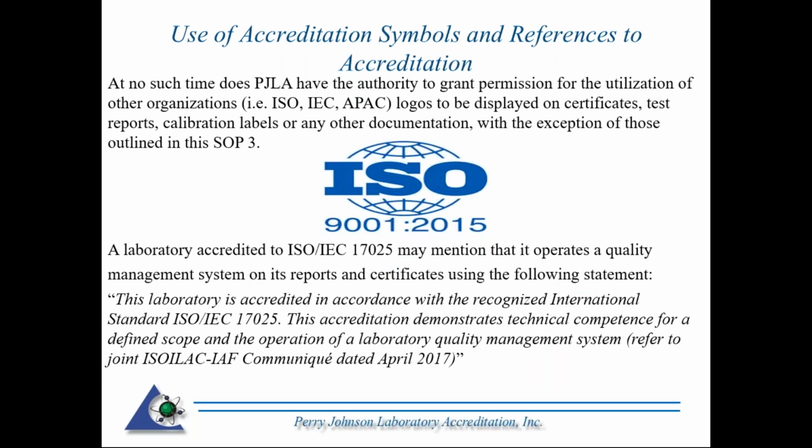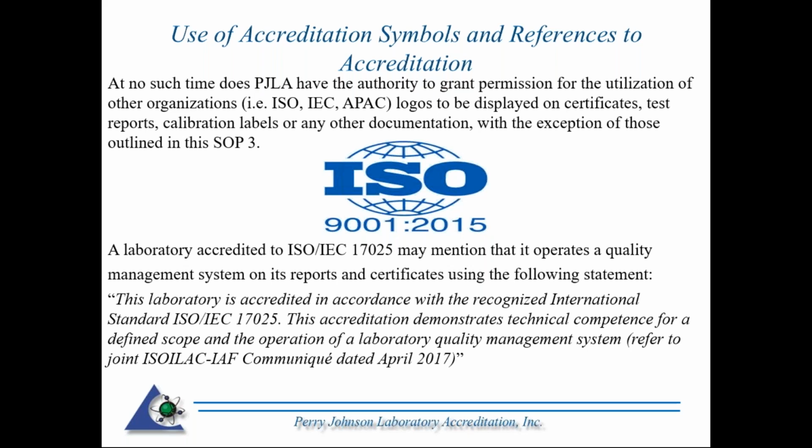So at no time does PJLA have the authority to grant permission for the utilization of other organizations' ISO, IEC, or APLAC logos to be displayed on certificates, reports, calibration labels, or other documents, with the exception of those outlined in SOP 3. So one of these is ISO 9001. So you may have ISO 9001 certification.